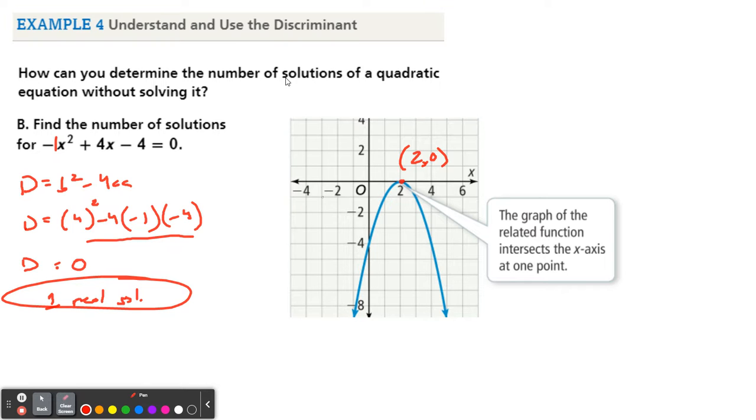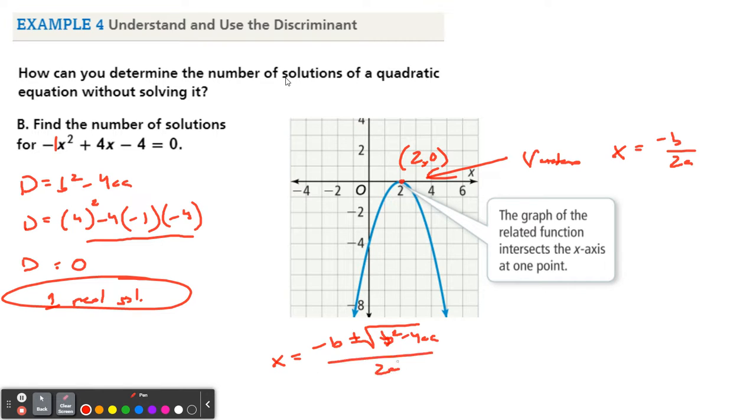Again, this is just trying to connect some dots. This point is going to be the vertex. If you remember, in a standard form equation, the x-coordinate of your vertex is the opposite of b over 2a. If you look at the quadratic formula, opposite of b plus or minus the square root of b squared minus 4ac, all over 2a.